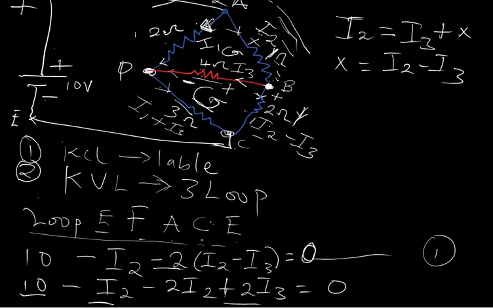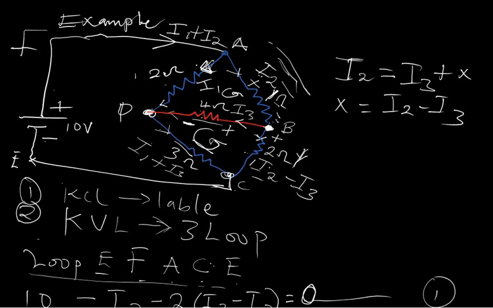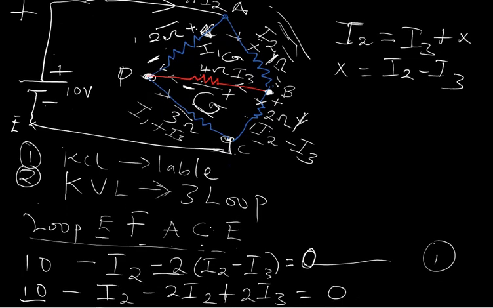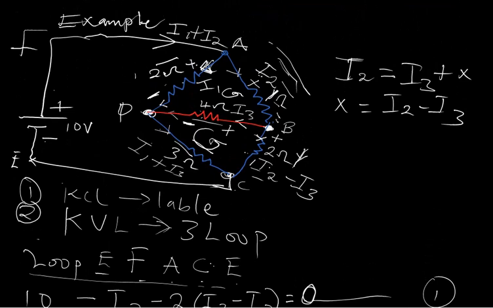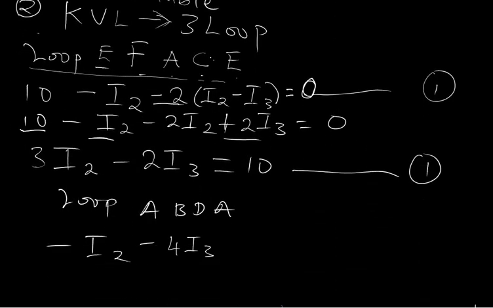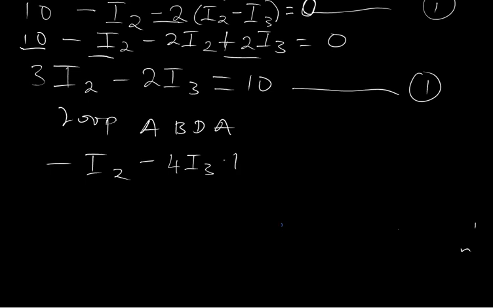Now I'm going to be passing through this 2 ohm resistor, going against the current. Going with the current, this is positive and this is negative, right? So I'm going against the current, which means I'm moving from negative to positive, a rise in potential. The current across this 2 ohm is I1, so that's going to be plus 2I1.